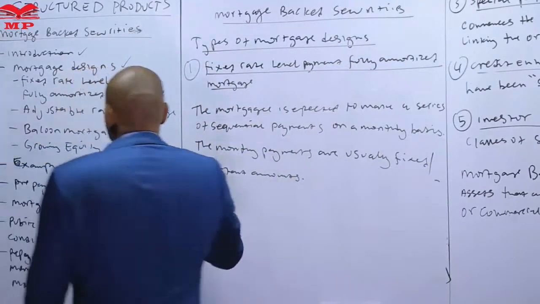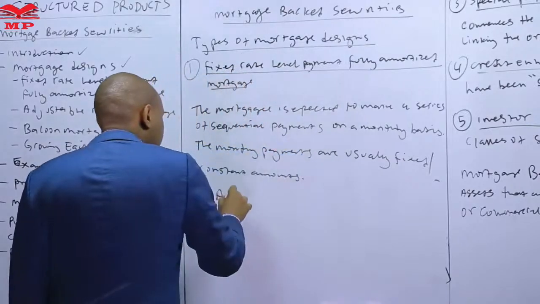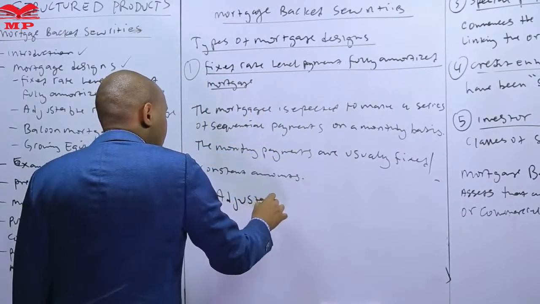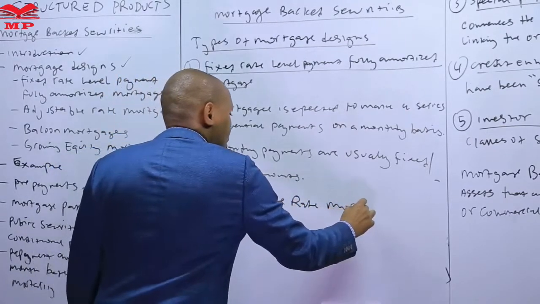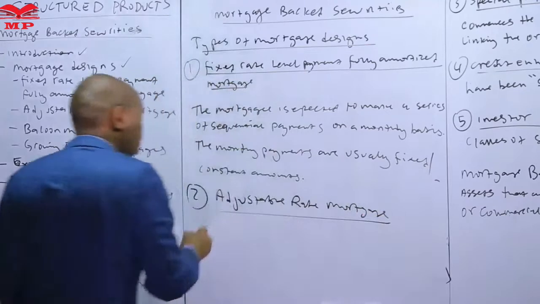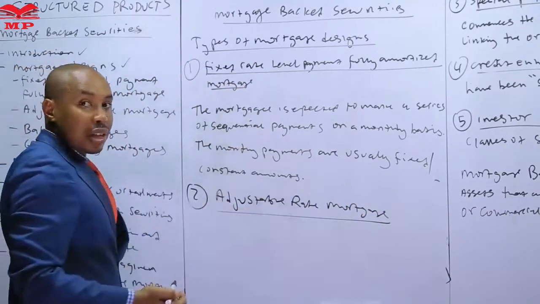Number two, it is the adjustable rate mortgage. We're saying now it is the opposite of fixed rate level payment.